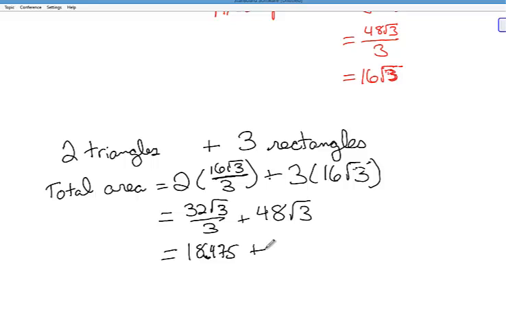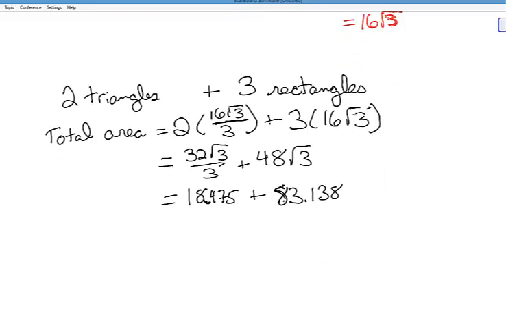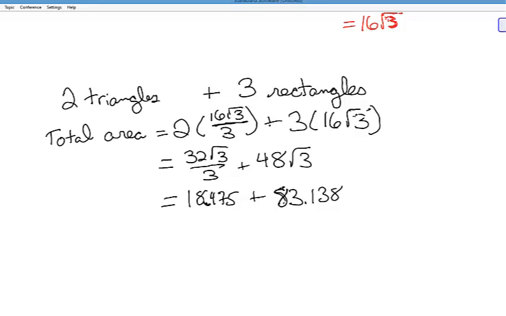And then if I take 48 times the square root of 3, that's going to be approximately 83.138. And whenever I add those together, I get 101.613. And we're talking about square feet.